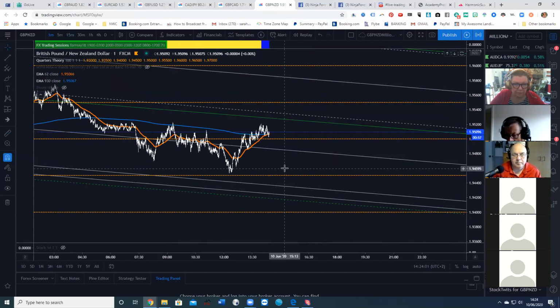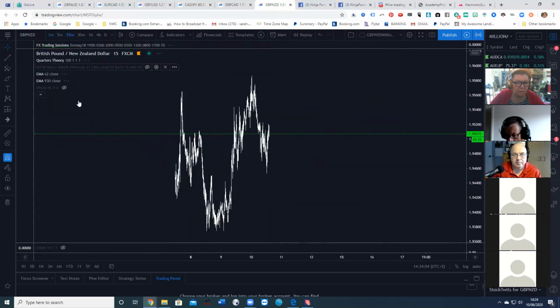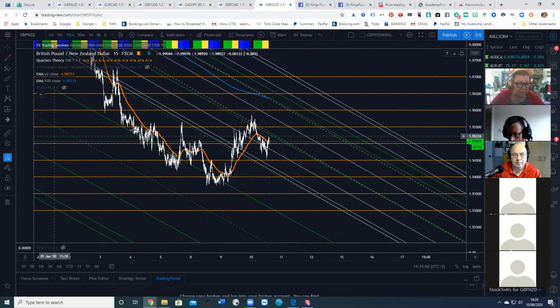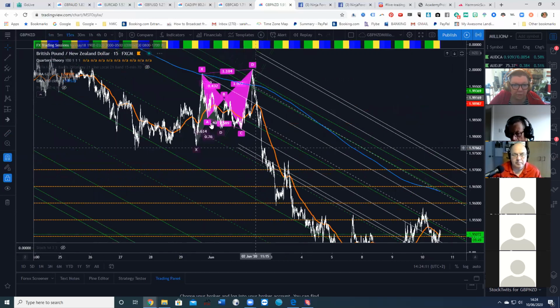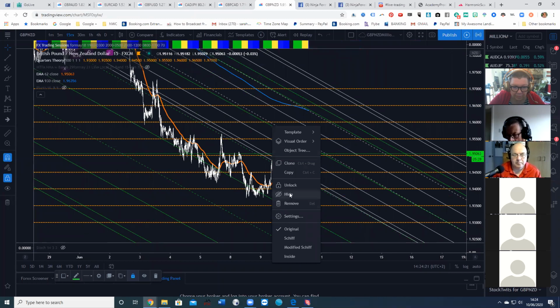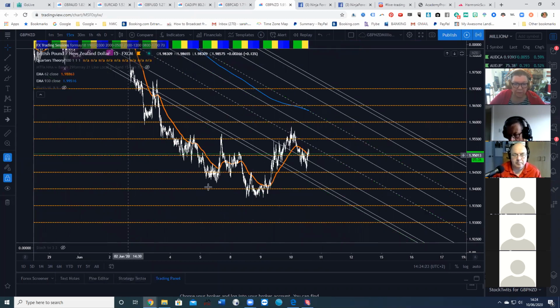And I've got two, let me just see which is the most recent one. Hang on, I can't remember why I had two on. This one, so I'll just switch off that green one. Don't want any more complications on the chart than you need.